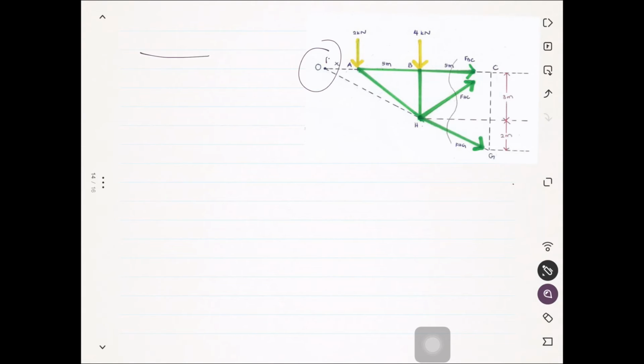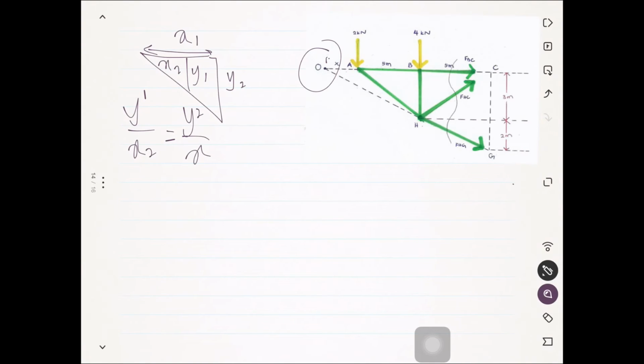I sketch a triangle with X, Y2, Y1, X1, X2. The formula is Y1 per X2 equal to Y2 per X1.